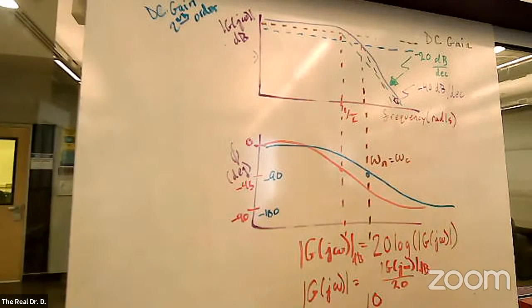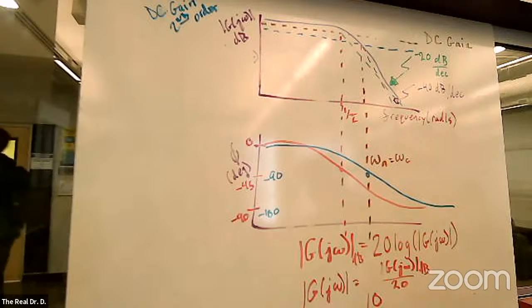But if you just draw it like that for an asymptote, that's fine. What should we know? Is it high or low damping that gives us the sharpest entry there?